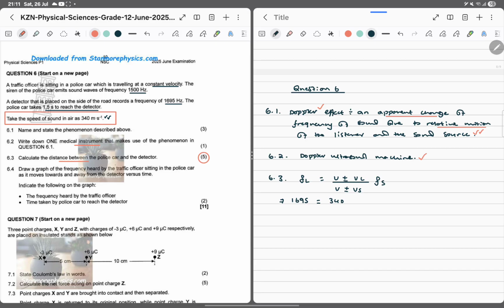Remember, this is moving towards the listener. So here we put a plus, isn't it? No, the listener is stationary, so we don't do anything, just leave it. And then here we will have 340. But now, for us to get a higher frequency, we need to subtract here the speed of our source times the frequency of the source, which was the original.